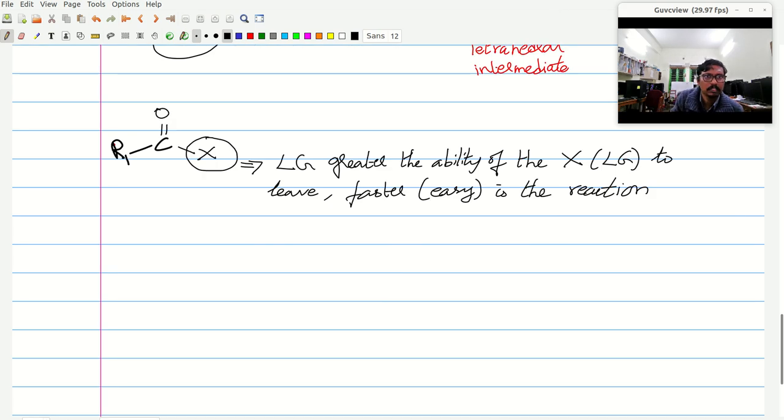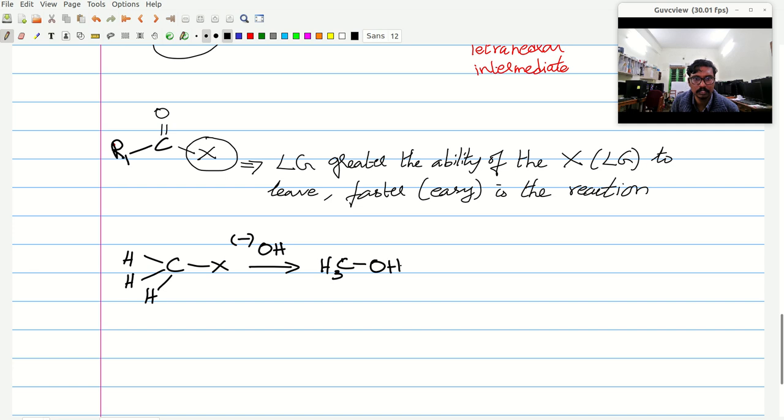Now let us recollect our SN2 reaction. When an alkyl halide is attacked by a nucleophile OH minus, you get something like this, a typical nucleophilic substitution reaction which we have seen when we were discussing SN2.